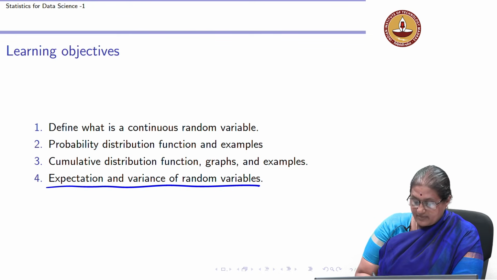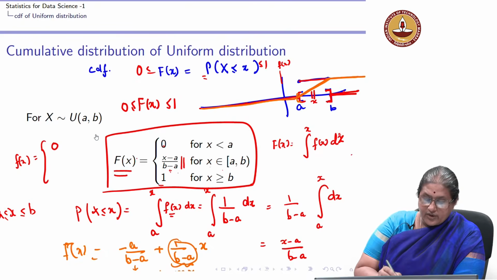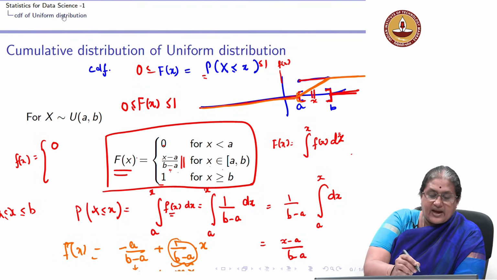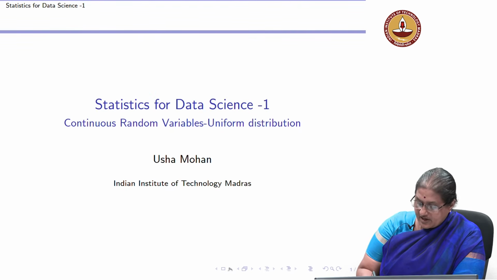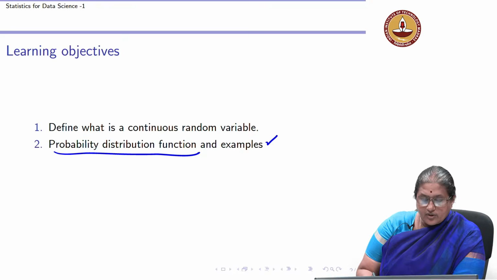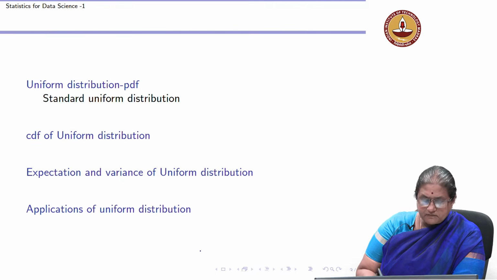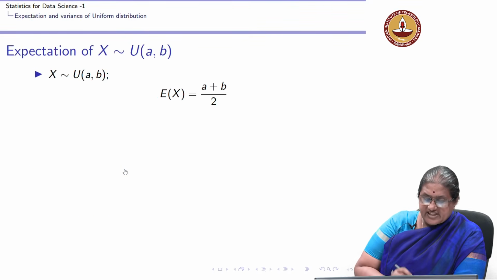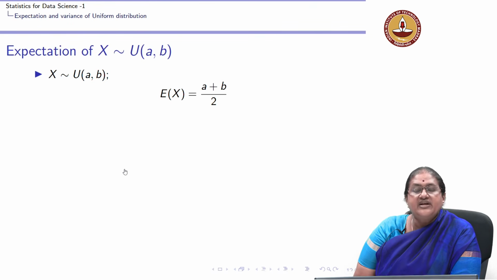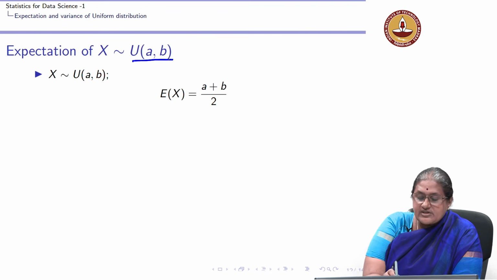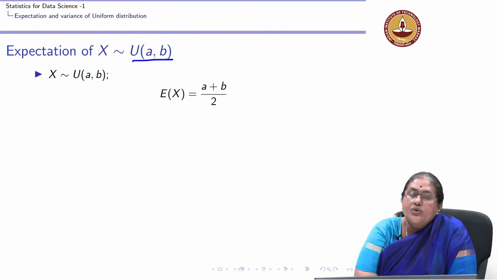So, we are going to look now at the expectation and variance of the uniform random variable, which is uniformly distributed over an interval a to b.